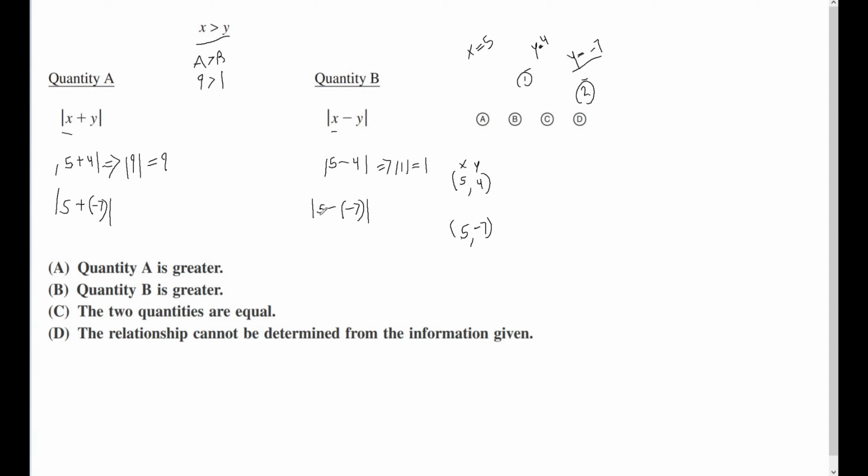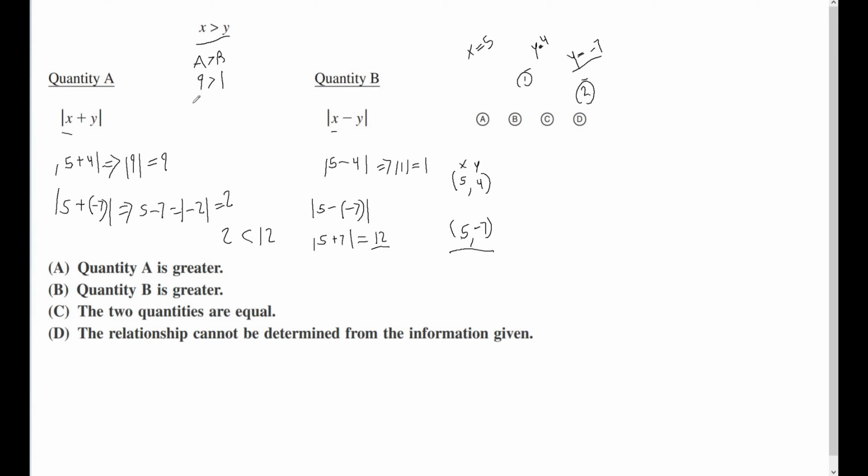Looking over here, 5 minus a -7 is equal to 5 plus 7, which is equal to 12. So here we get 12. And over here we get 5 plus a -7, which is the same thing as 5 minus 7, which is equal to -2, and the absolute value of -2 is equal to 2. So in this scenario, when y equals -7, we end up with 12 on the right side, which is greater than 2 on the left side.